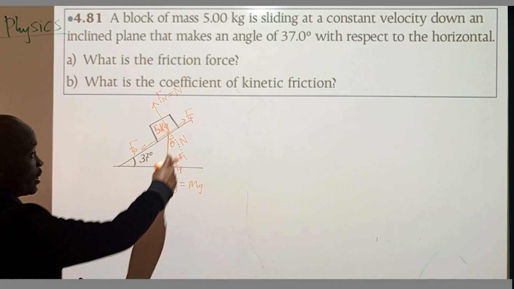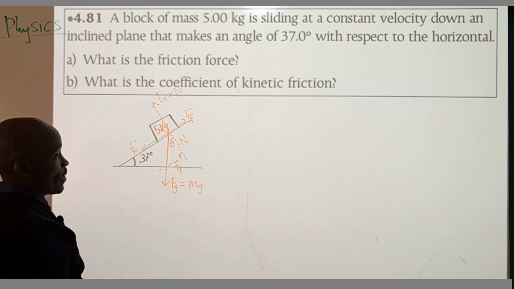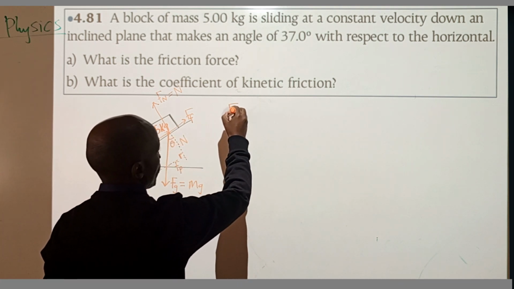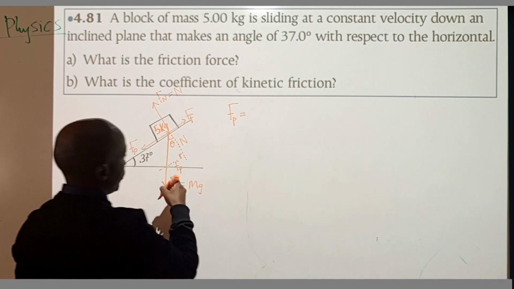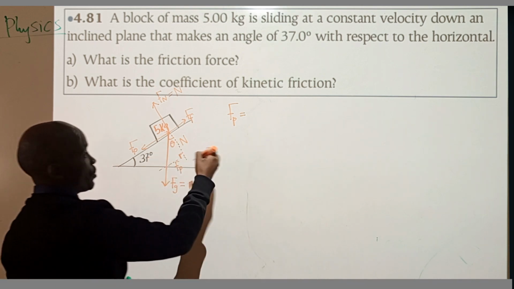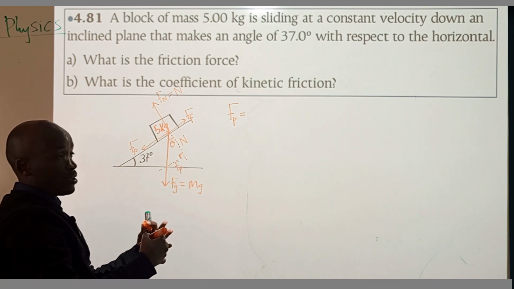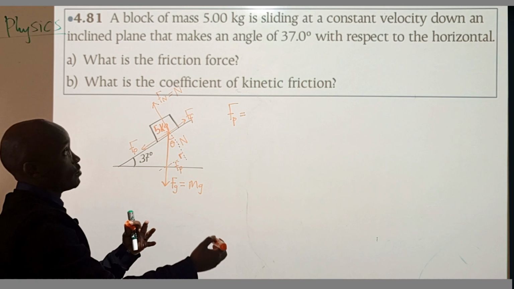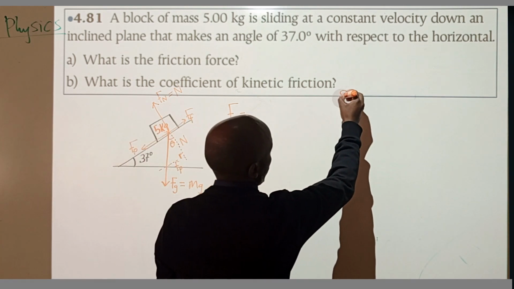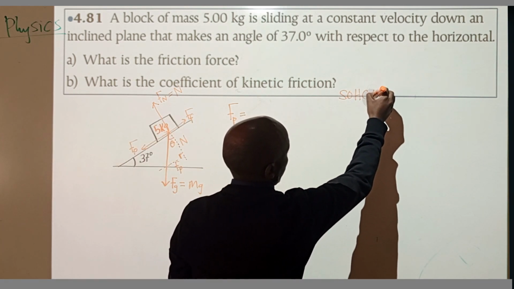So with that, let's rewrite these two forces. Fp is the opposite side, so it means it's going to be sine, from SOHCAHTOA.